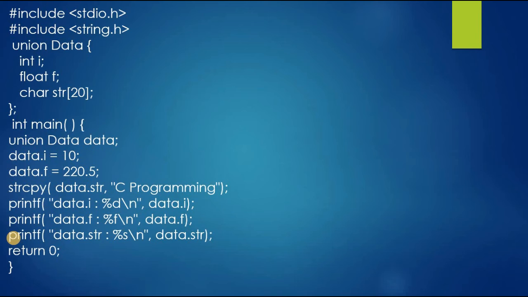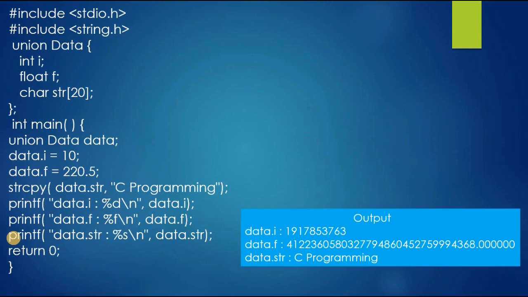When we execute this program, we will get an output like this, because here we can see that the values of the i and f members of the union got corrupted, because the final value assigned to the variable has occupied the memory location, and this is the reason that the value of the str member is printed well. At the last, data.str gives the output as we gave in the code.